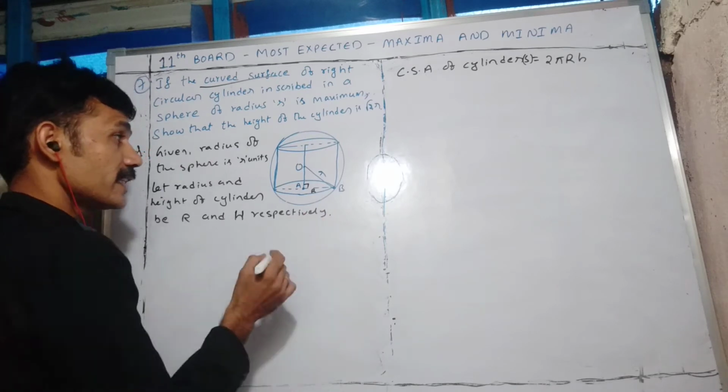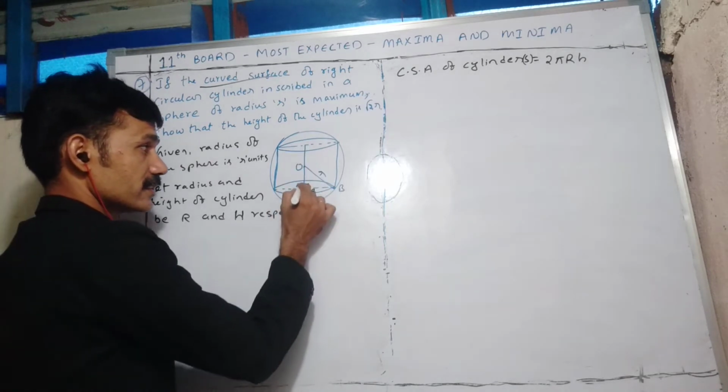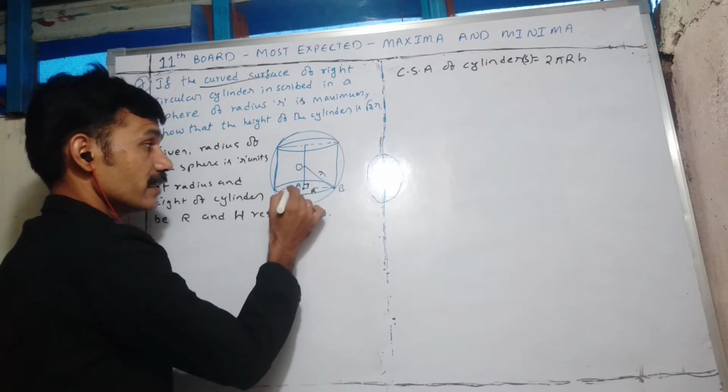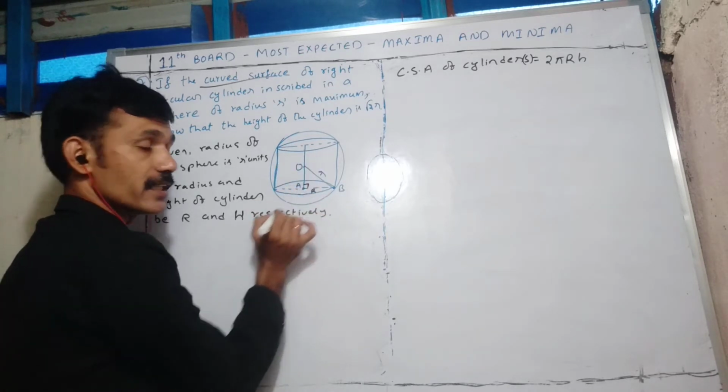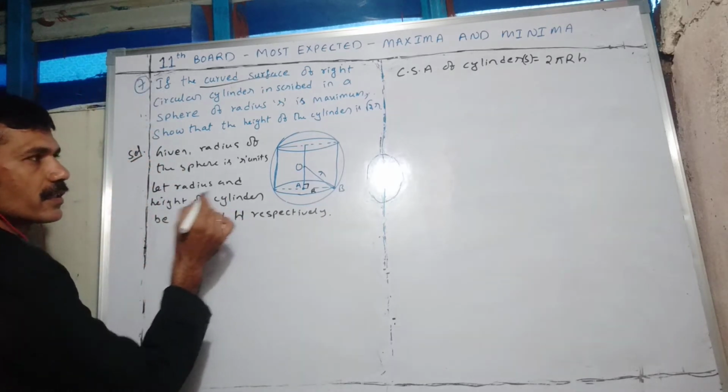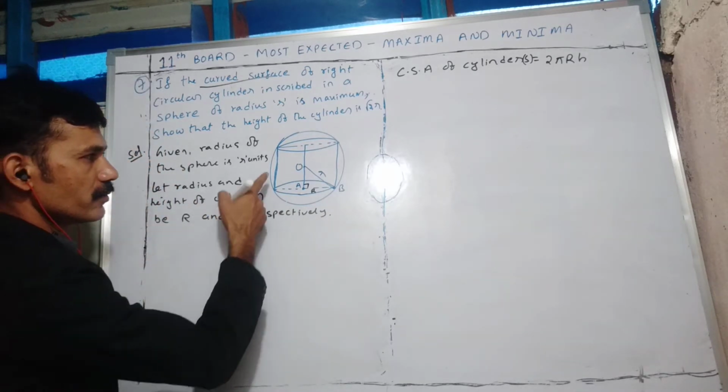Okay, if it is a right circular cylinder, this height will be perpendicular to the radius axis. It is 90 degrees here. Clearly OAB is 90 degrees. We should know the sides.